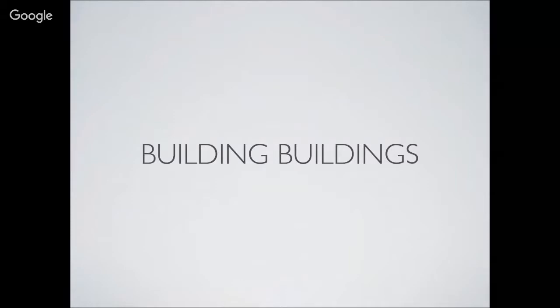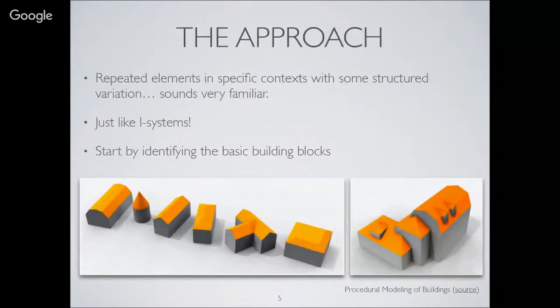So let's get right down to it. How do we formalize this technique? Well, before we get down to formalization, let's talk about conceptually what we're going to be doing. Whenever we do procedural generation of assets, I think the fundamental thing is to recognize that we're basically just doing what programmers always do, which is we take a really complicated problem and we identify what the basic components are.